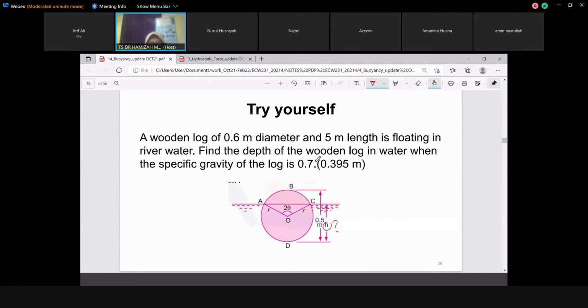Ni bukan specific gravity of water. This is specific gravity of the object. Wooden. Specific gravity untuk kayu. Okay, and then the wooden log diameter dia 0.6 and 5 meter ni adalah length dia. Panjang.